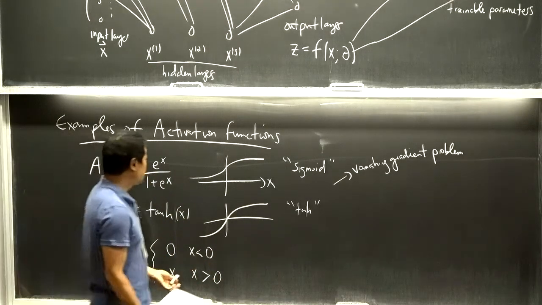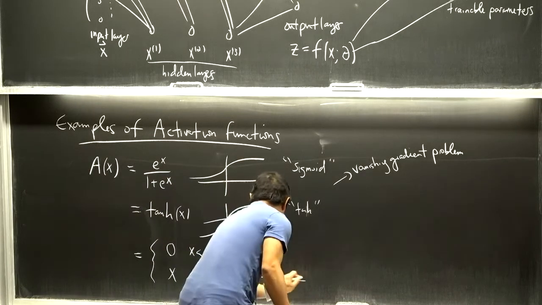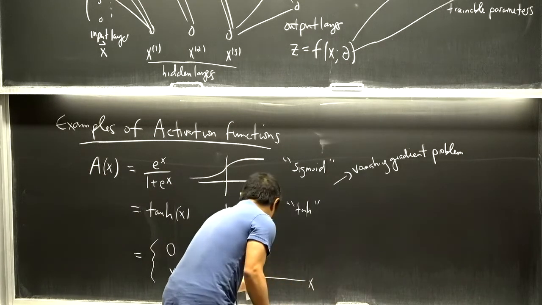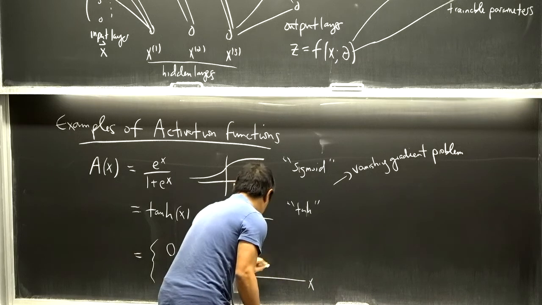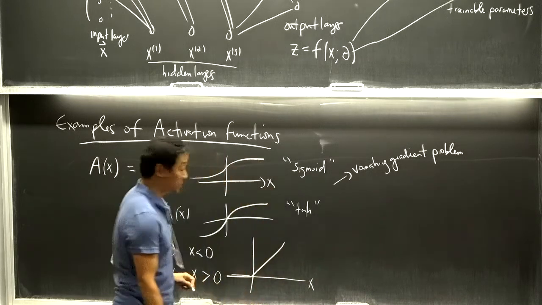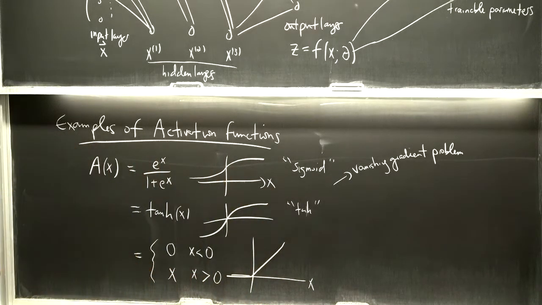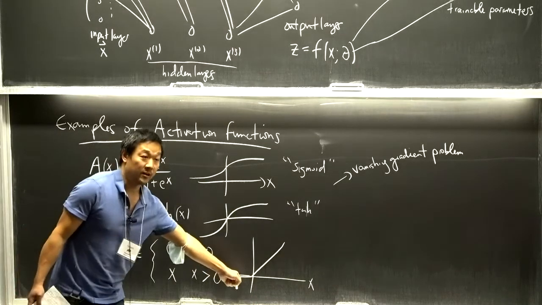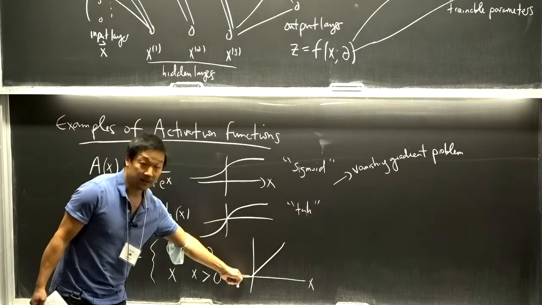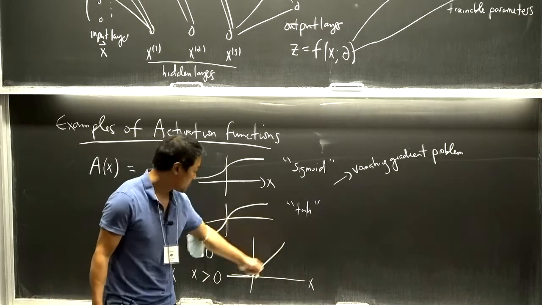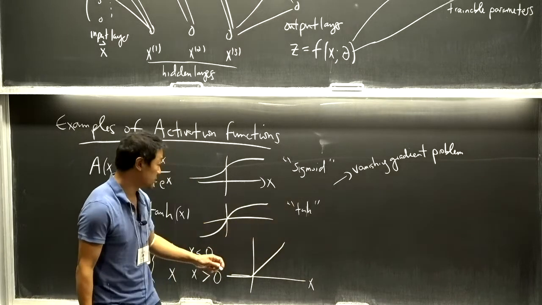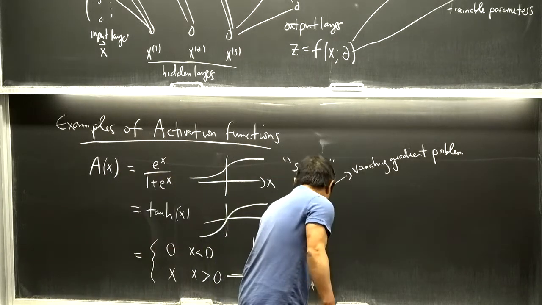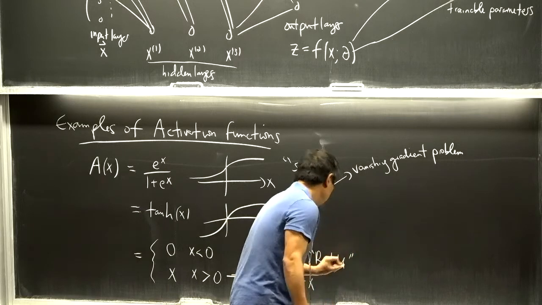If you graph it, it's just 0 if x is less than 0. Otherwise, it's just x. This does have vanishing gradients if x is less than 0, but it doesn't have any vanishing gradients if x is greater than 0. And this is called the rectified linear unit activation.